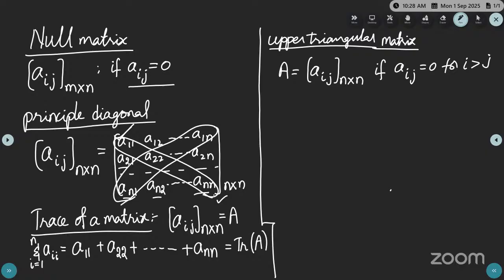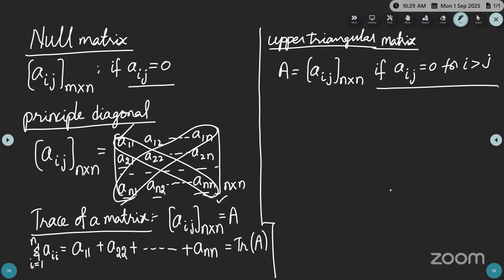If A equals Aij is of order n by n, if Aij is equal to 0 for i greater than j, a square matrix is said to be an upper triangular matrix if Aij is equal to 0 for i greater than j.